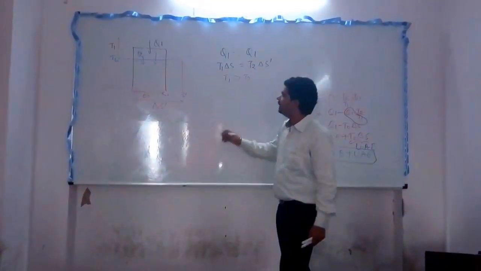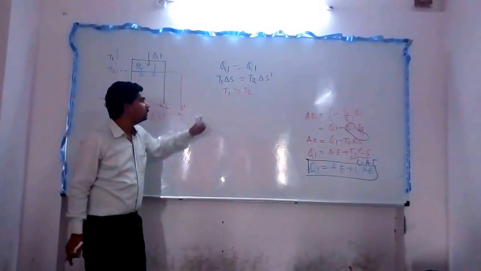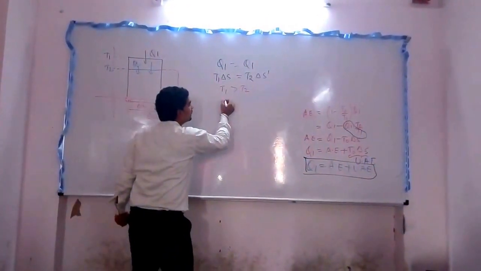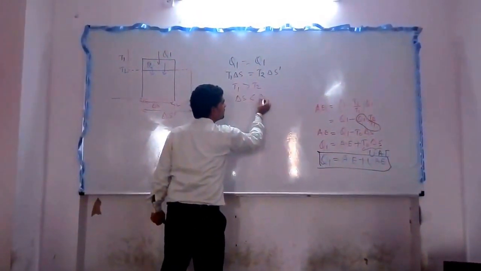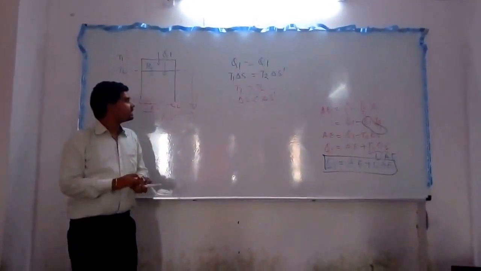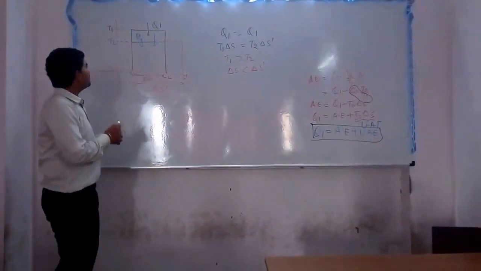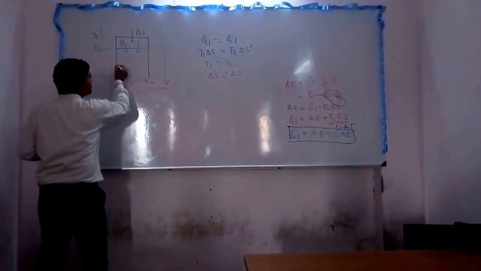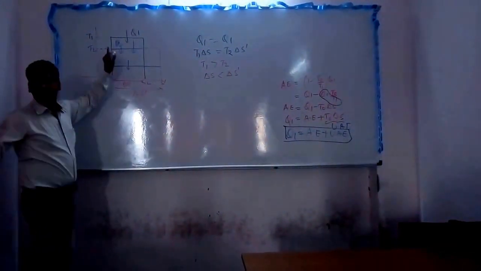If T1 is greater than T2, can I write this delta S will be less than delta S dash? Less. Will it be or not? Clear? Delta S is less than delta S dash. So what I am saying in the rejection, Q1 is the same.